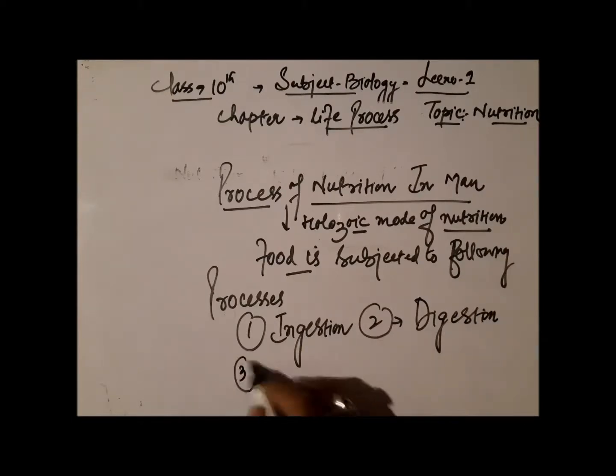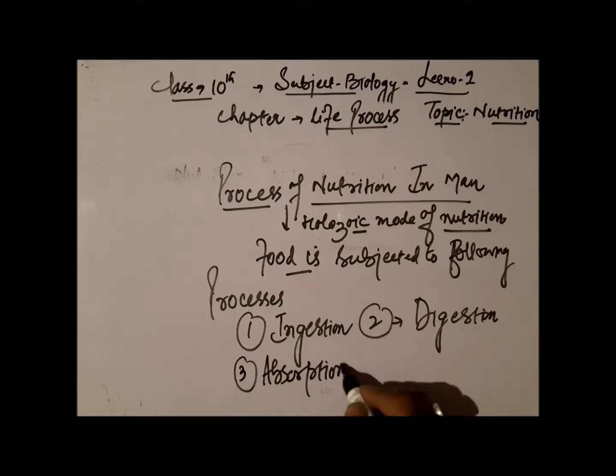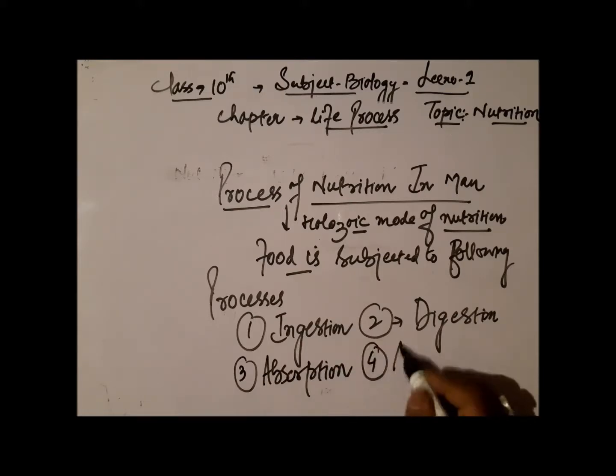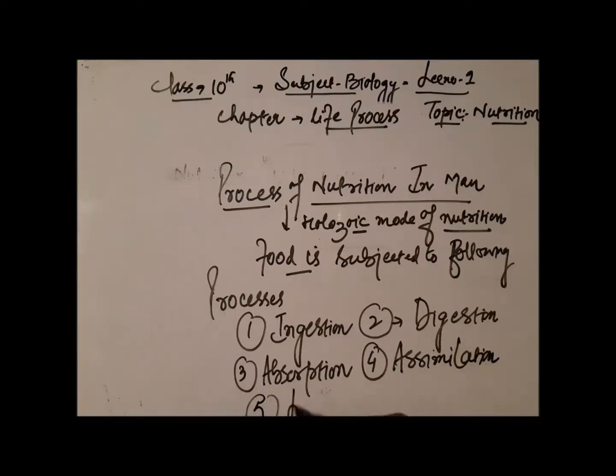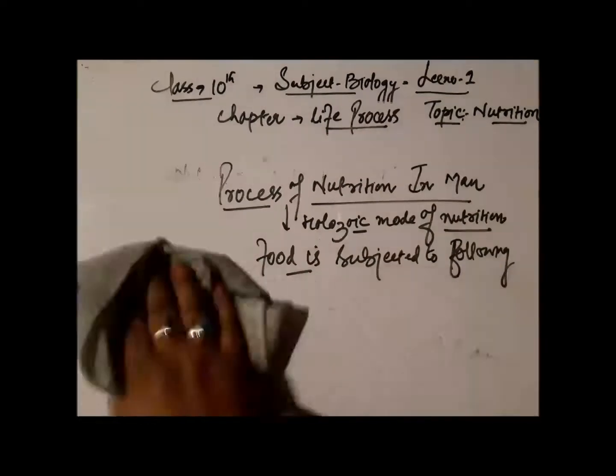Number three, absorption. Number four, assimilation. And number five is egestion. These were the processes that take place in the process of nutrition in man. Let's discuss these processes one by one.